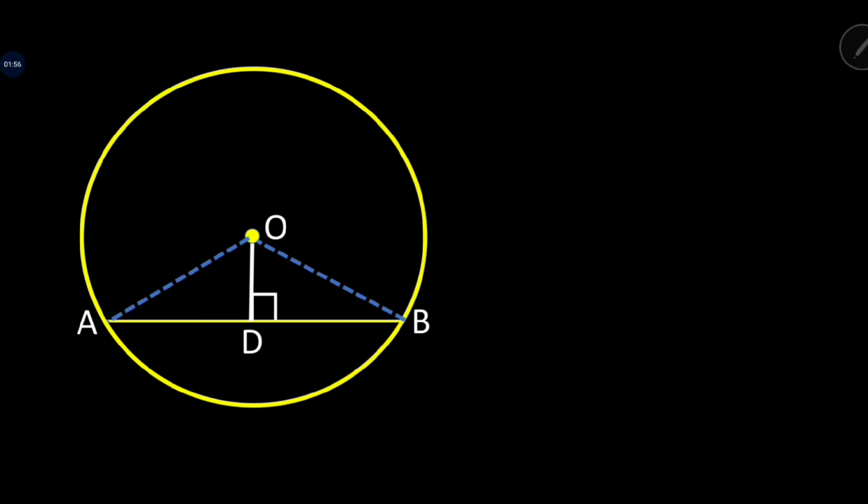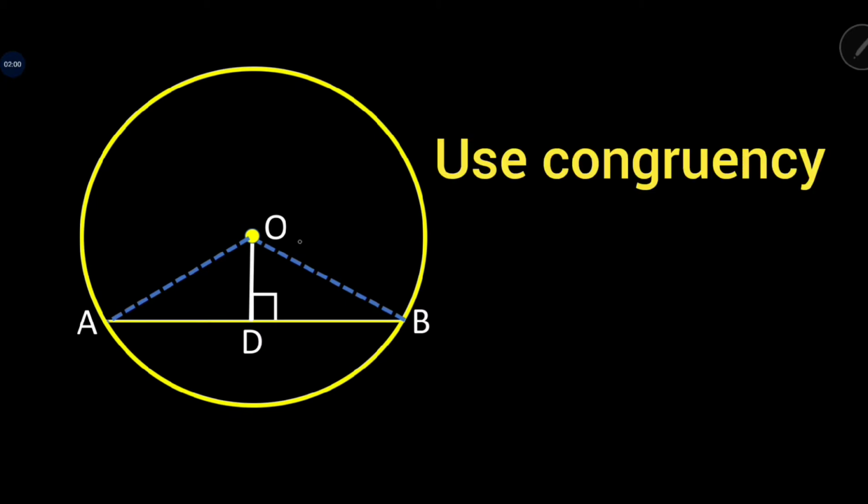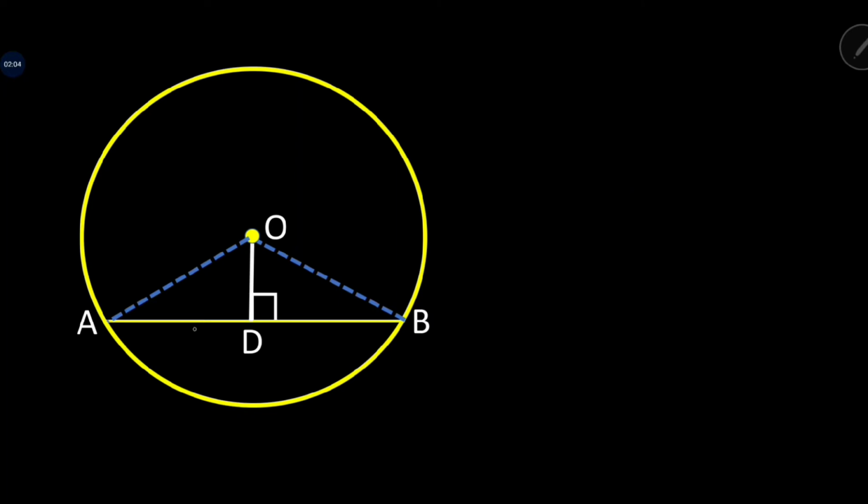Basically, what I need to prove here is that these two triangles are congruent. Once I can prove that these two triangles are congruent, then I might as well prove that AD is equal to DB and that the line OD is actually a bisector of the line AB.